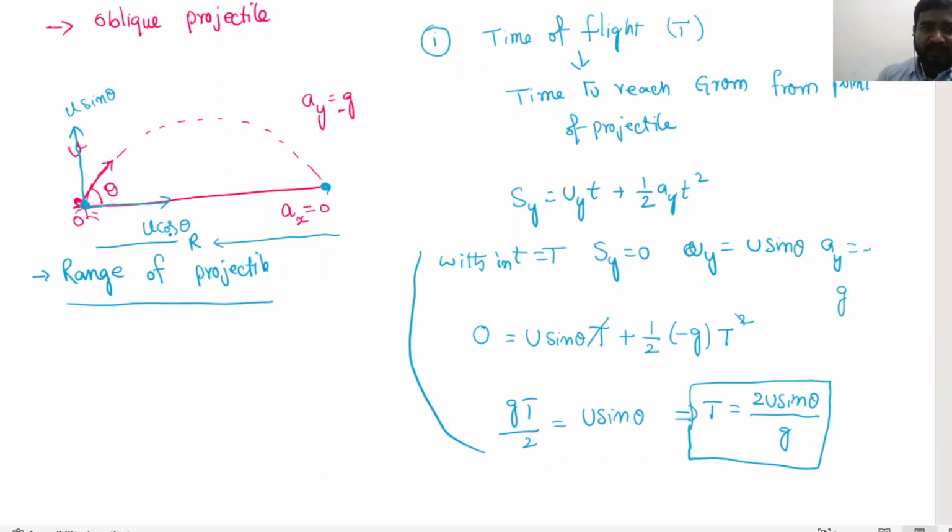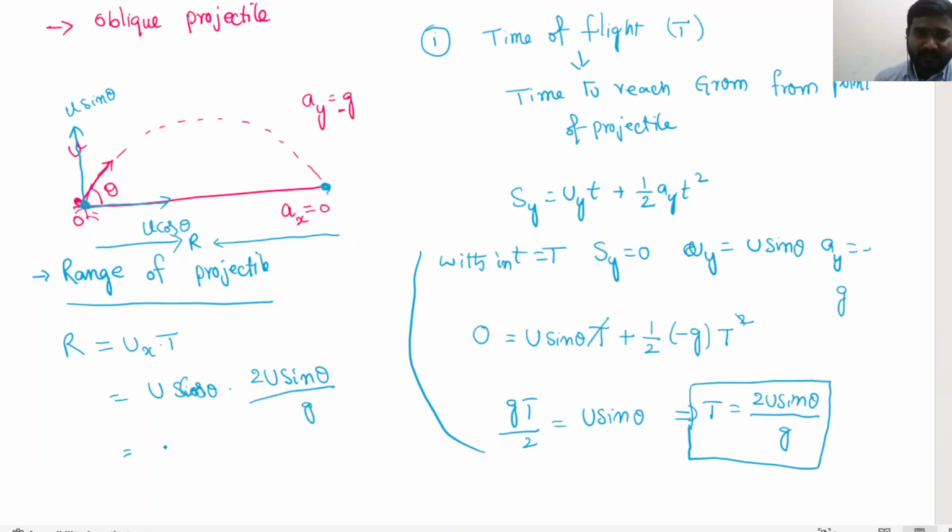So range of projectile is nothing but ux times time T, where ux is nothing but u cos theta, and time is nothing but 2u sin theta divided by g.